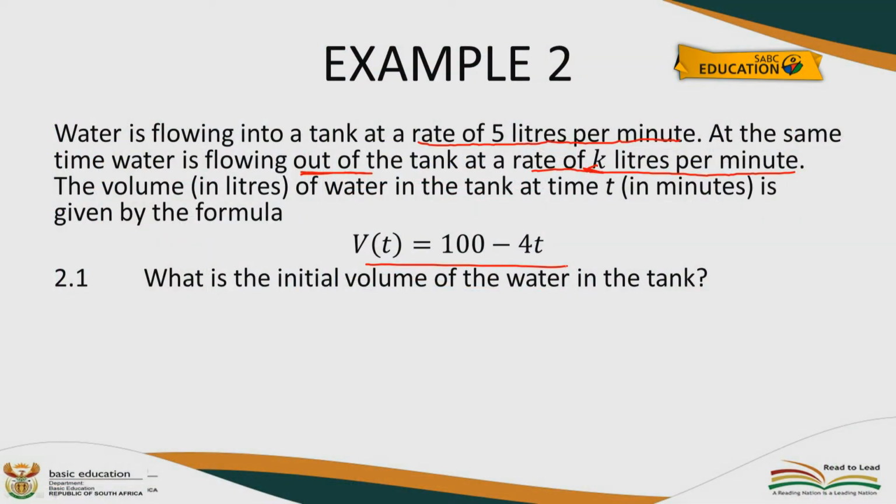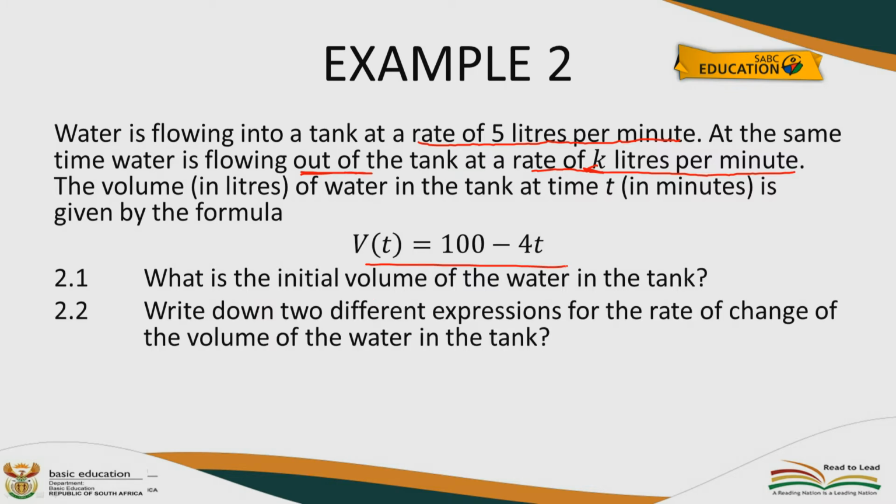The first question, they want us to determine the initial volume of the water in the tank. You must always remember, whenever they speak of initial, that speaks to time. t will be equal to 0 in this case. We'll look at that later on. And then the second question, they say, write down two different expressions for the rate of change of the volume of the water in the tank.